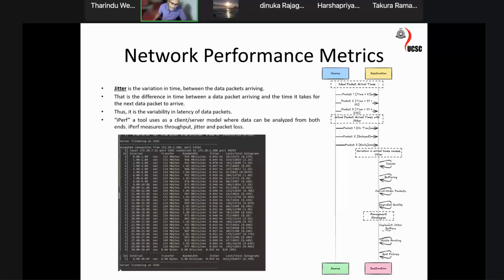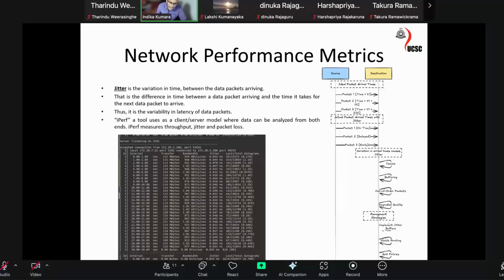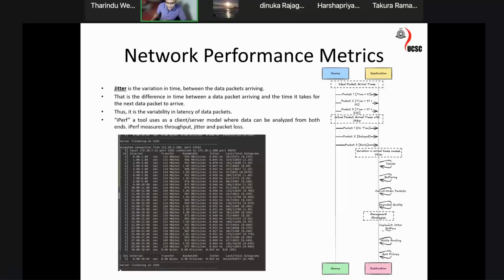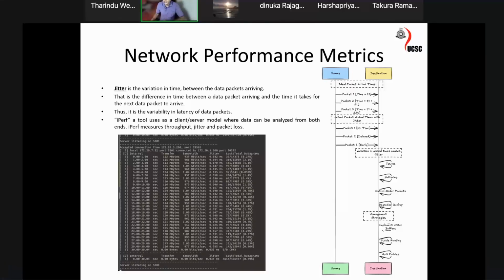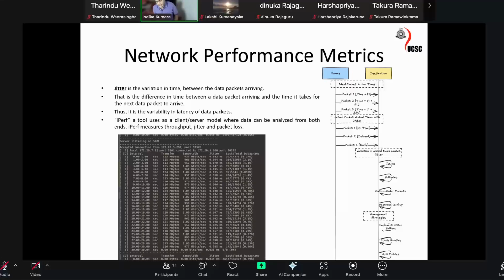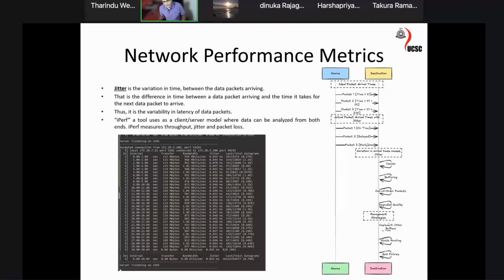Usually this is a better network, because I assume that less than 1 millisecond of jitter is fine for networks, but there are still packet losses. So that may be a concern based on application requirements. So it is quite a useful tool.